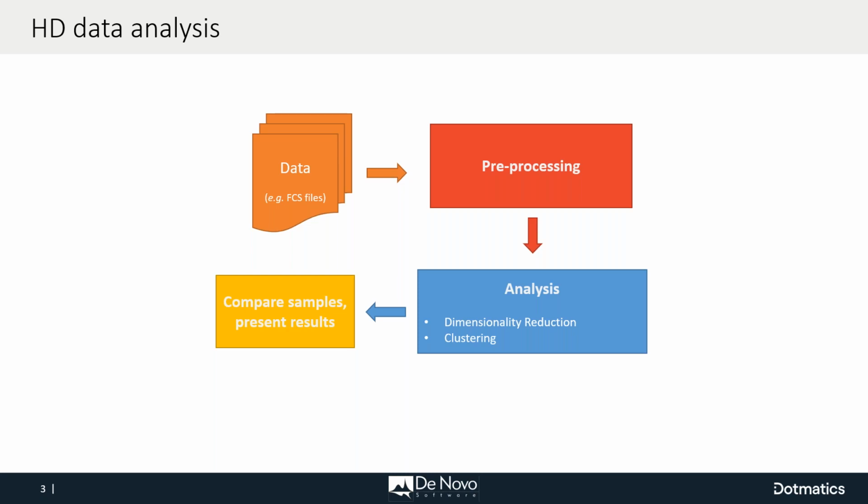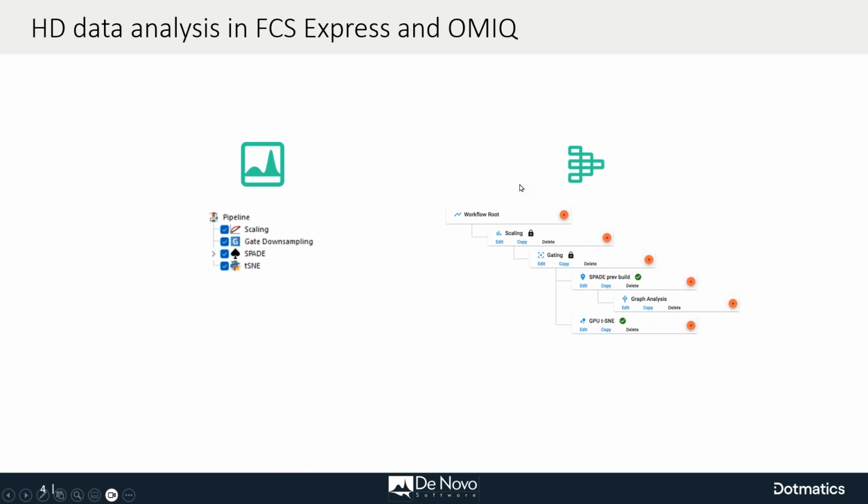So how can you perform this entire workflow in FCS Express or in OMIQ? Well, this is the idea. In FCS Express, you can use what we call a pipeline. In OMIQ, you can use what we call a workflow. But basically, it's the same. It's a way to tell your software which steps you want to run and in which order.